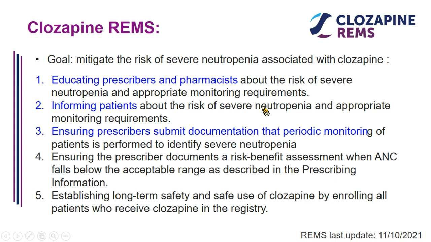Third, to ensure prescribers submit documentation that periodic monitoring of patients is performed to identify severe neutropenia. Fourth, ensuring the prescriber documents a risk-benefit assessment when ANC falls below the acceptable range as described in the prescribing information. Then to establish the long-term safety and safe use of clozapine by enrolling all patients who receive clozapine in the registry.